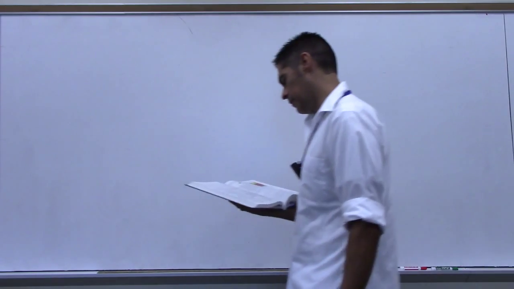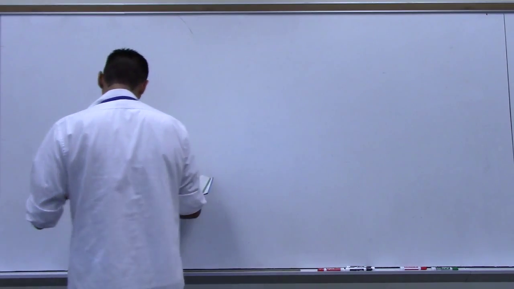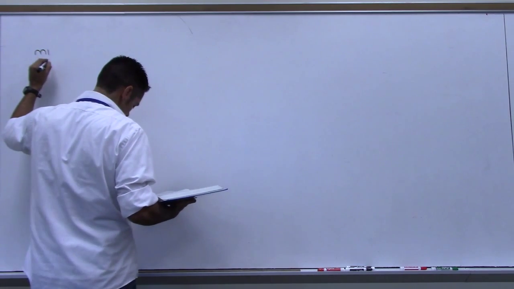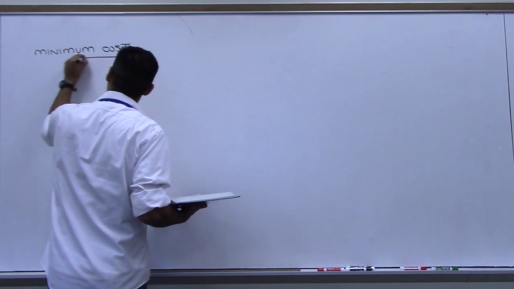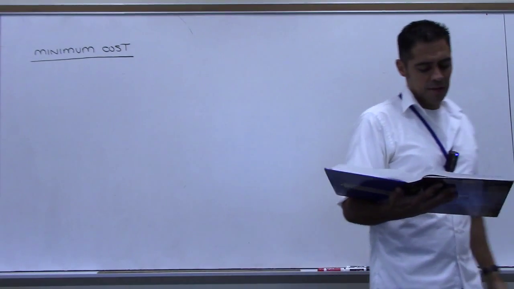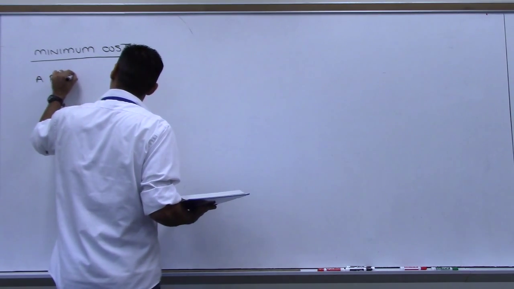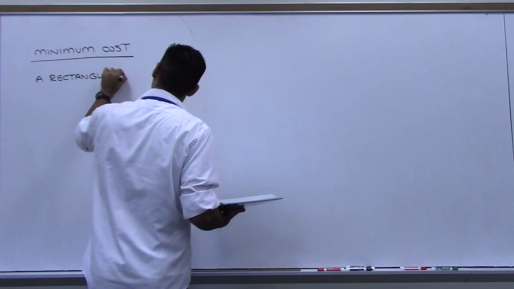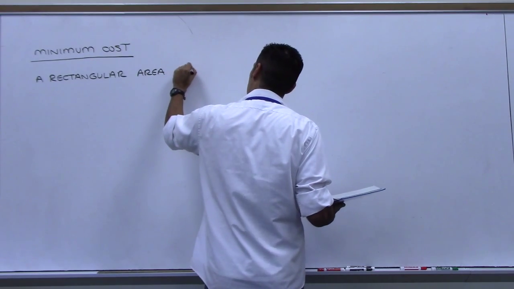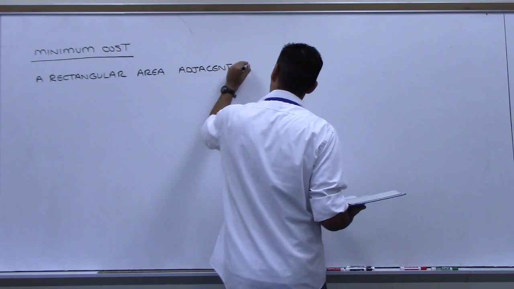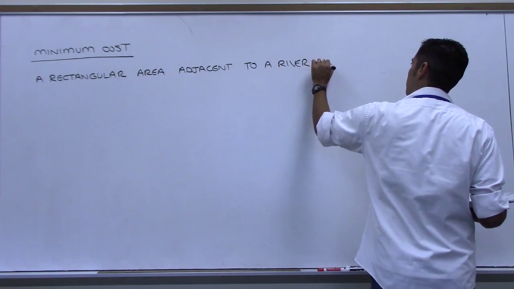All right. You ready? This is a lot of words I'm about to put up here, all right? The title of this problem is minimum cost. Minimum cost is the title of this problem. A rectangular area adjacent to a river is to be fenced in.